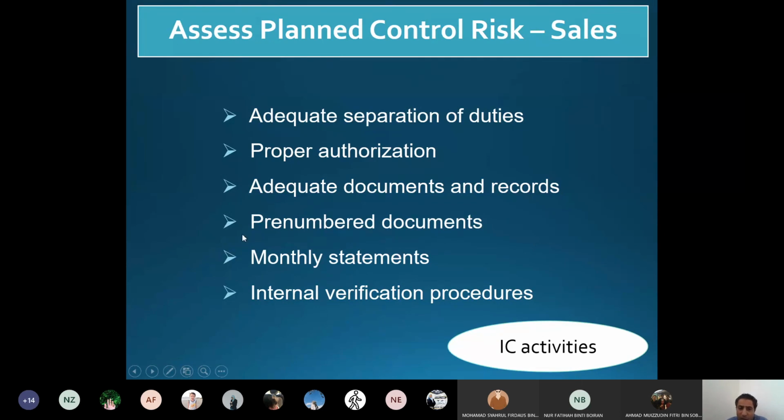So what we are trying to check with all these questions is the adequacy of segregation of duties, proper authorization, adequate documents and records, pre-numbered documents, monthly statement, internal verification, or we call it independent verification and review.